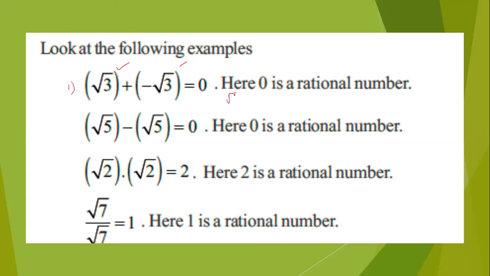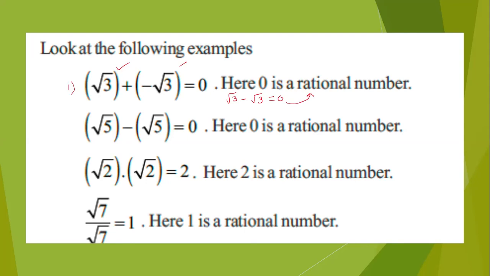Root 3 into minus root 3 is equal to 0. What we get? 0 is a rational number.